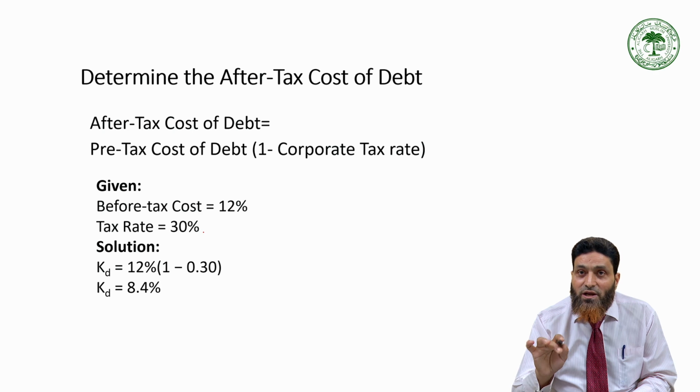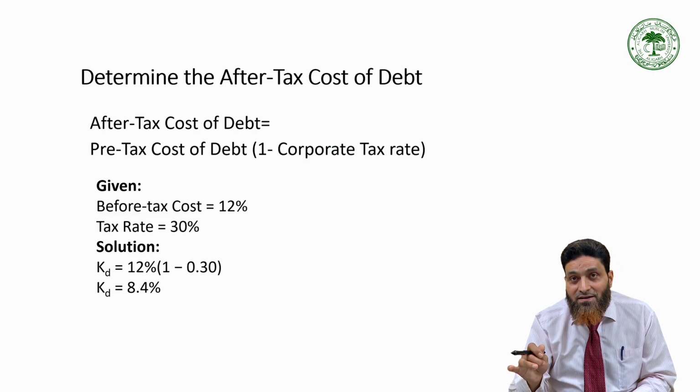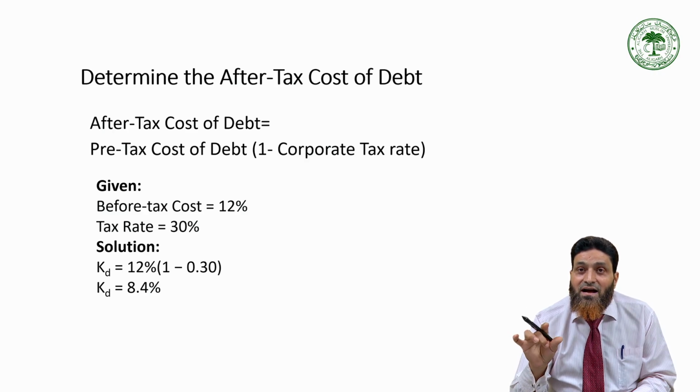Now when we calculate cost of debt after tax, as I told you in the beginning, whatever the tax rate is, there will be a saving in the cost. So from the actual cost before tax, you have to subtract the saving or benefit the company is likely to get because of the tax rate. If the tax rate is high, a high amount of benefit will be there. If the tax rate is low, the benefit is low.